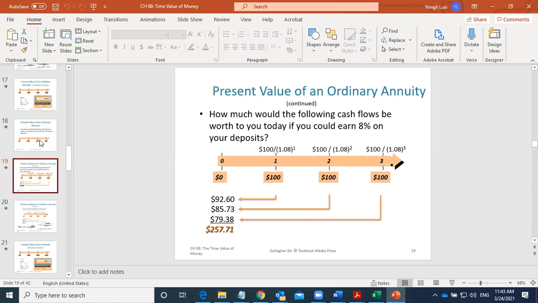Because later we're going to talk about capital budgeting, the value of stock, the value of bond. All of them, we are going to use the present value of ordinary annuity, similar to this one. So that's really, really important. We talked about the four of them, but this one is the most important.